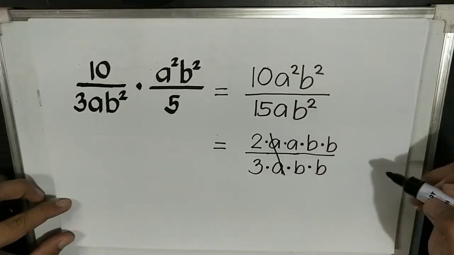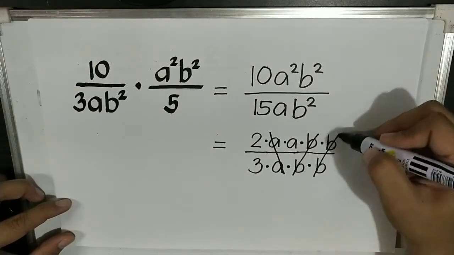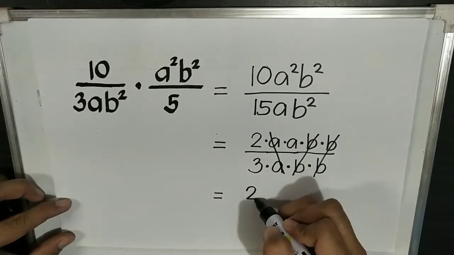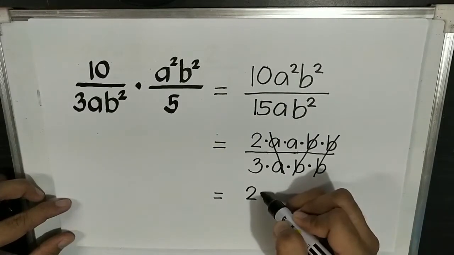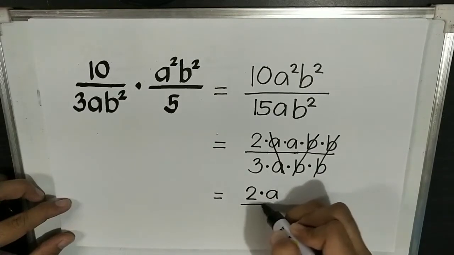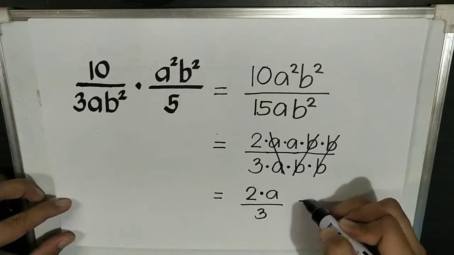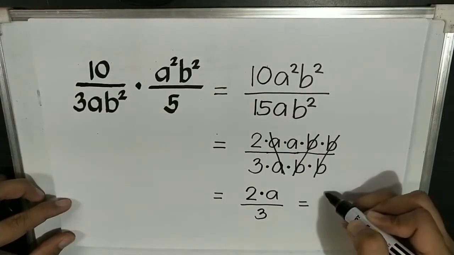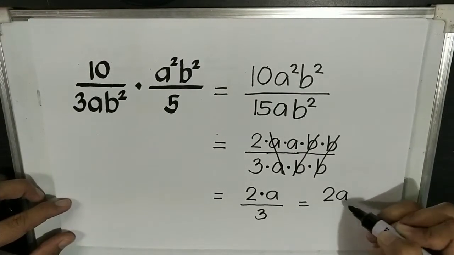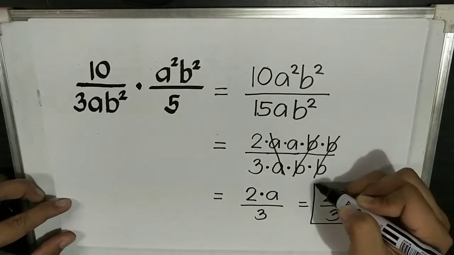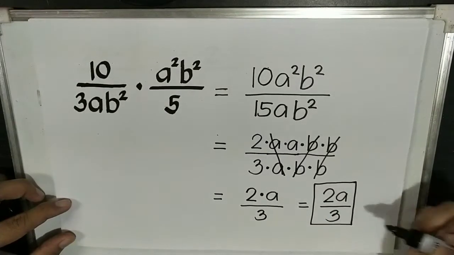We have a, b, and b. Then we will copy the remaining factors. 2 times a all over 3. Or we can write this as 2 times a is 2a over 3. So this is now the answer.